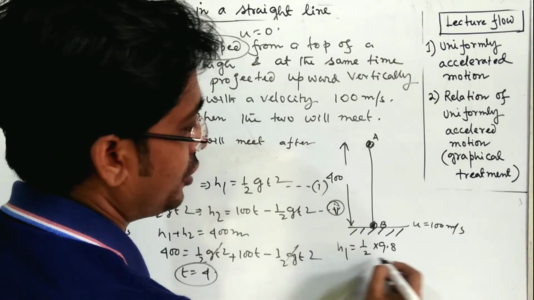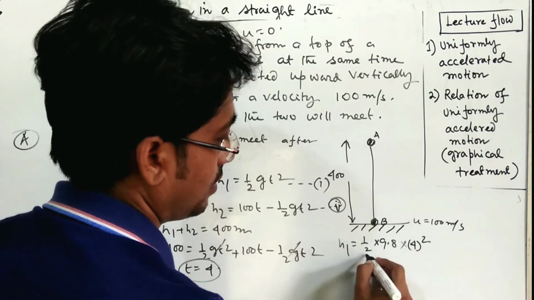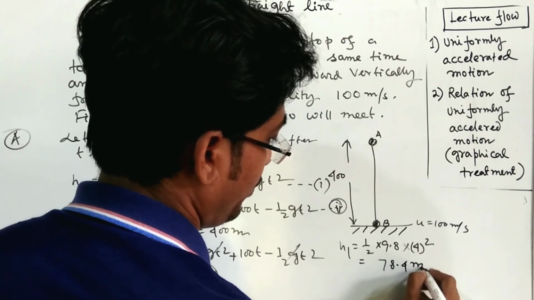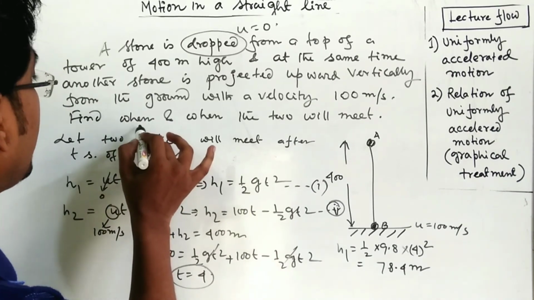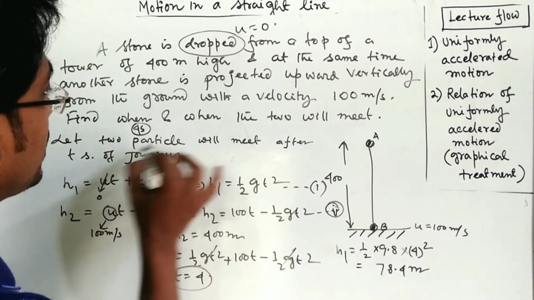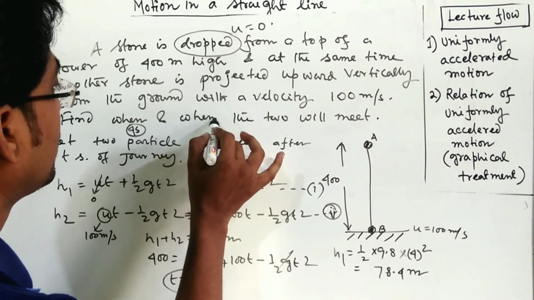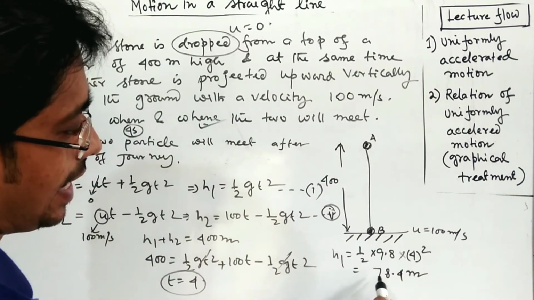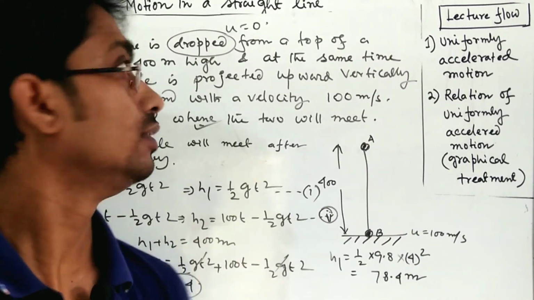And half g into t square, so it will be 4 square, which gives 78.4 meter. So they will meet at the 4th second of journey, and they will meet at 78.4 meter from the top of the tower.